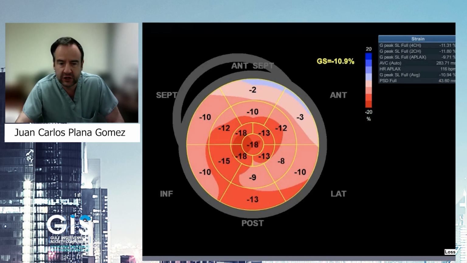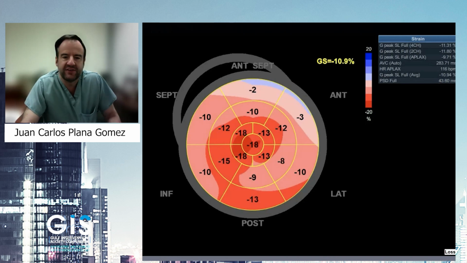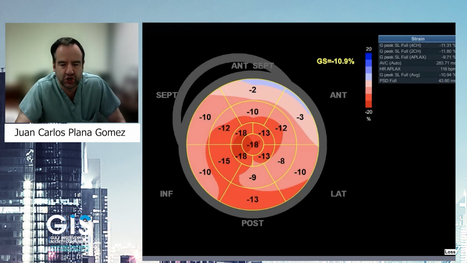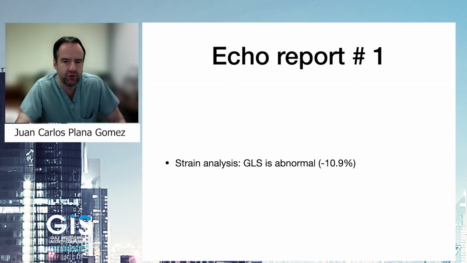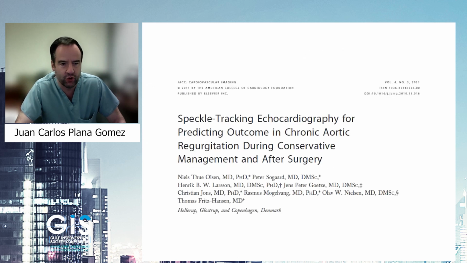And the global longitudinal strain really tells us that the ventricle is suffering beyond what we would estimate with the ejection fraction that is only mildly reduced at 50%. Again, still meeting a surgical criterion for aortic valve regurgitation. So this is the way in which we read the global longitudinal strain, minus 9.9, very abnormal.